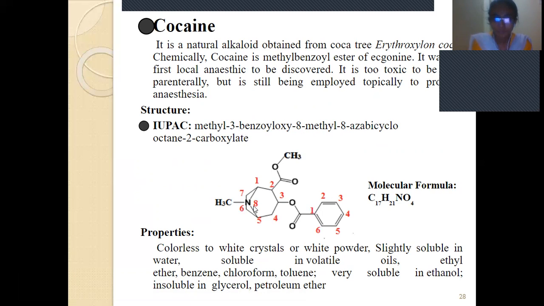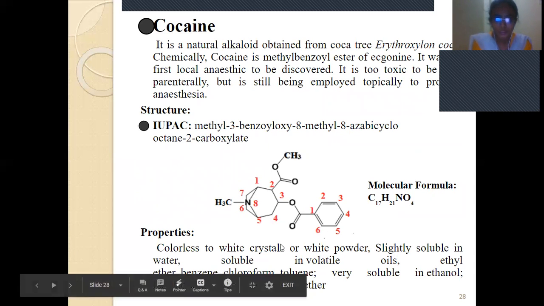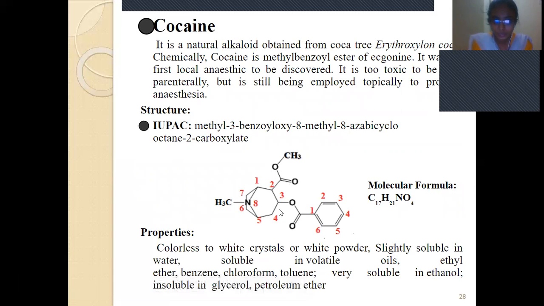If you see the structure here, there is one 6-membered ring and one 8-membered ring, with nitrogen and methyl here, and a carboxylate here. Here at position 3 is the benzoyloxy. 8-aza means nitrogen, and bicyclo means one cycle here and another cycle here. Octane-2-carboxylate is there.